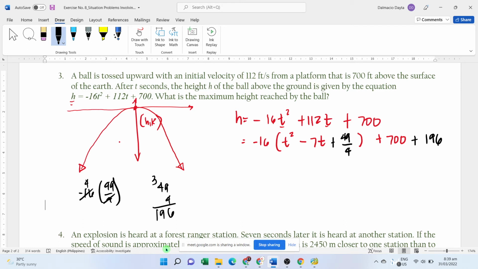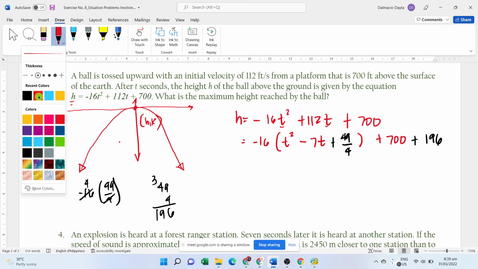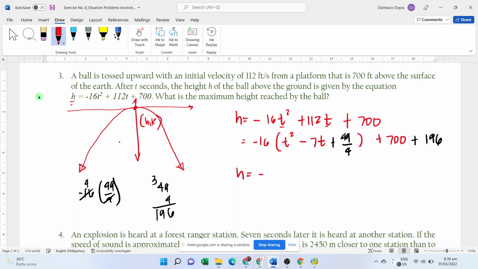So we can now rewrite the equation of the parabola in its vertex form, that is equal to negative 16 times x minus 7 over 2 squared plus 396. So the vertex of this parabola is 7 halves, 396.